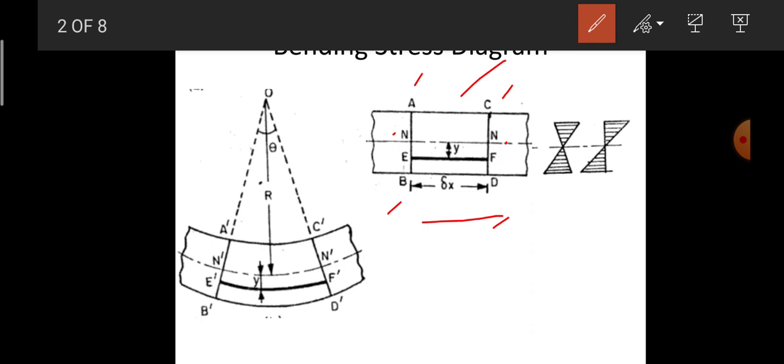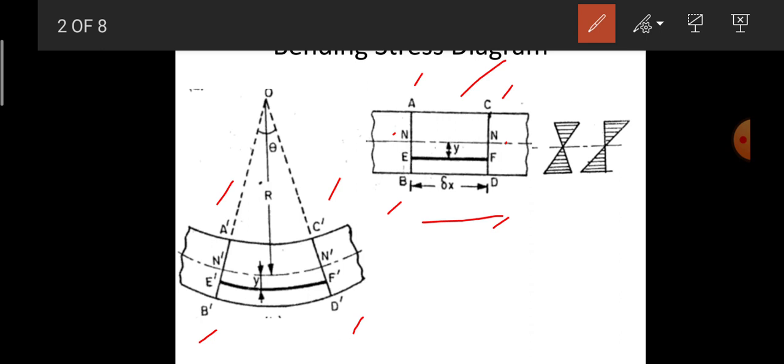After the application of the load, the beam starts to bend, which results in deformation, so that the position of AB changes to A dash, B dash, and the position of CD changes to C dash, D dash.